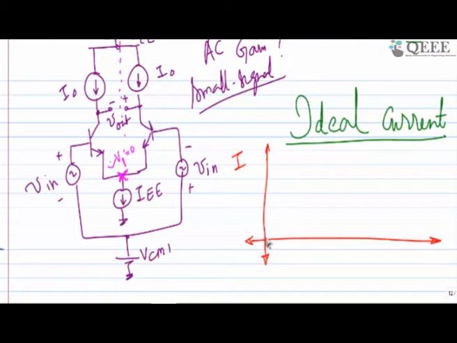If you want to supply 2 milliampere or 1 milliampere of current, it has to be the same current. If the source I purchased from the market gives me 1 milliampere, I expect that for any value of voltage, it should not be disturbed. Whatever the voltage is, I don't care; my current should always be 1 milliampere. This is what I am expecting, and this is the ideal current source.